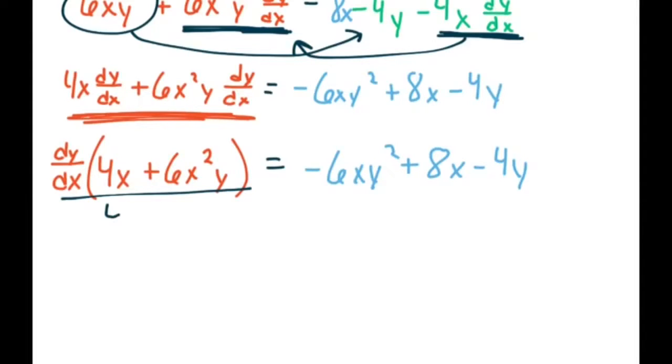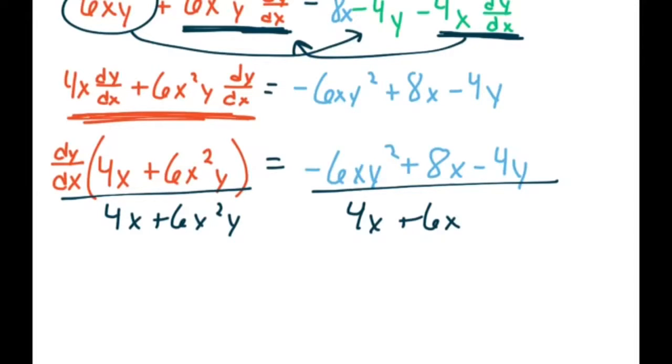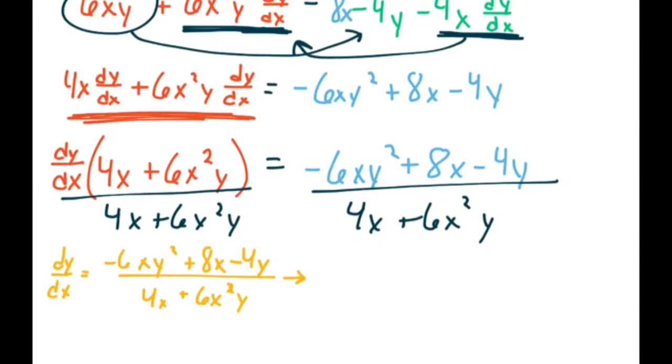So you would divide out 4x plus 6x squared y, and you would do the same to the other side. So divided by 4x plus 6x squared y. So once you divide each side by the 4x plus 6x squared y, this is what you'll get. And you can actually simplify it.